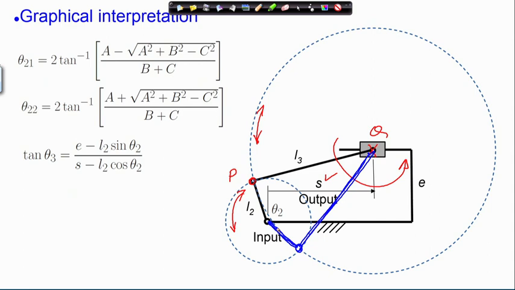Correspondingly, you will get the angle theta 3. So, here this is theta 3. In this case, it is this angle that is theta 3, this whole angle.